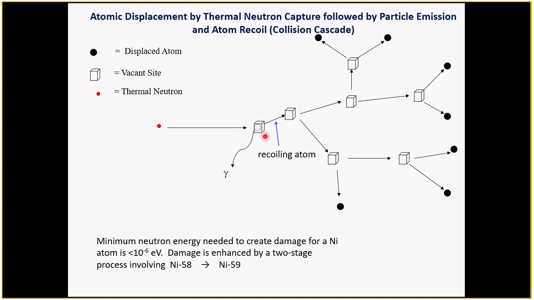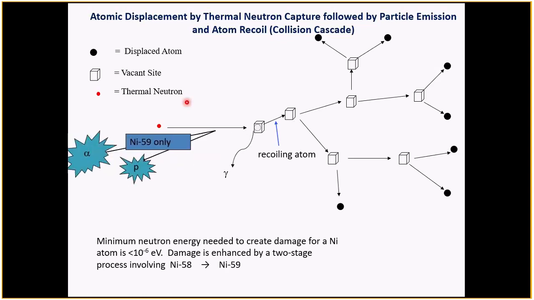For zirconium, which has a very low thermal neutron capture cross section, it's 3, 4 or 5 orders of magnitude different. So for zirconium, those fast neutron events are, to a first approximation, all you have to worry about, ever. But when you've got iron, you have to worry a little bit. You have to include some of this in your damage calculations. Of course, if you're in a fast reactor, you don't have any thermal neutrons and you don't worry about it.